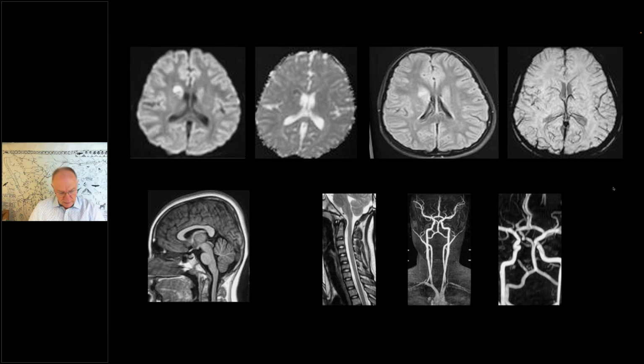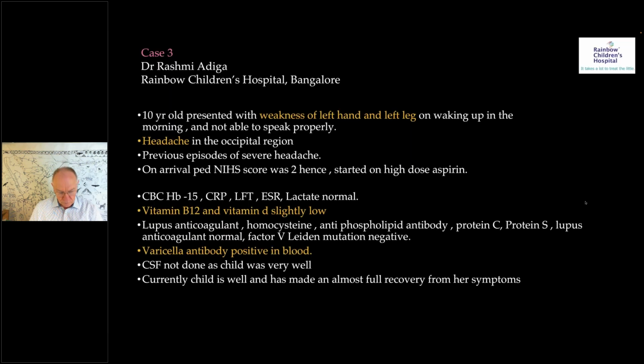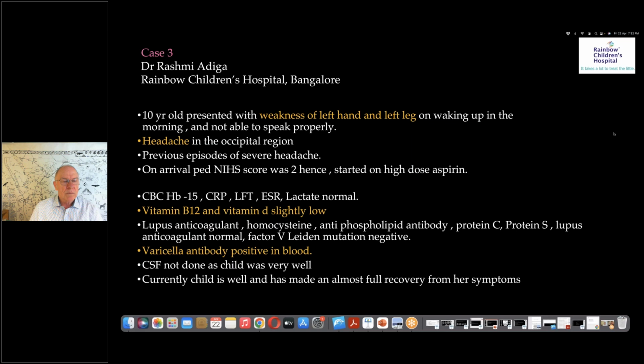Okay. Rashmi, she had episodes of headache in the past, no? Yes, even prior to this neurological deficit, she had a headache in the occipital region. Can it be an intracranial dissection? Would CT angio add additional information in this patient? I don't think so. I don't think it is intracranial dissection. She had one episode of headache in the past.